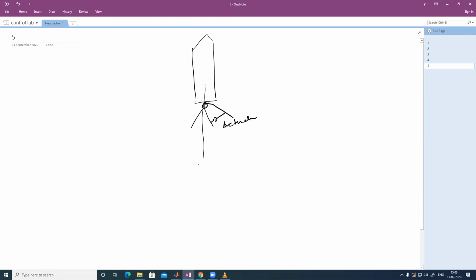Our requirement is that it can only move plus 4 degrees and minus 4 degrees. So it will push like this and pull like this. So it can move a maximum of plus or minus 4 degrees in the output, in this positive direction and this negative direction.